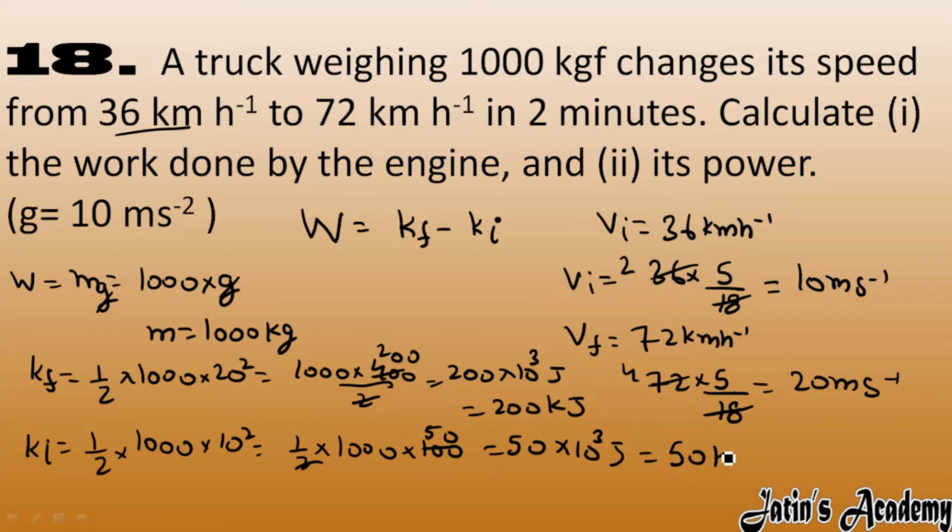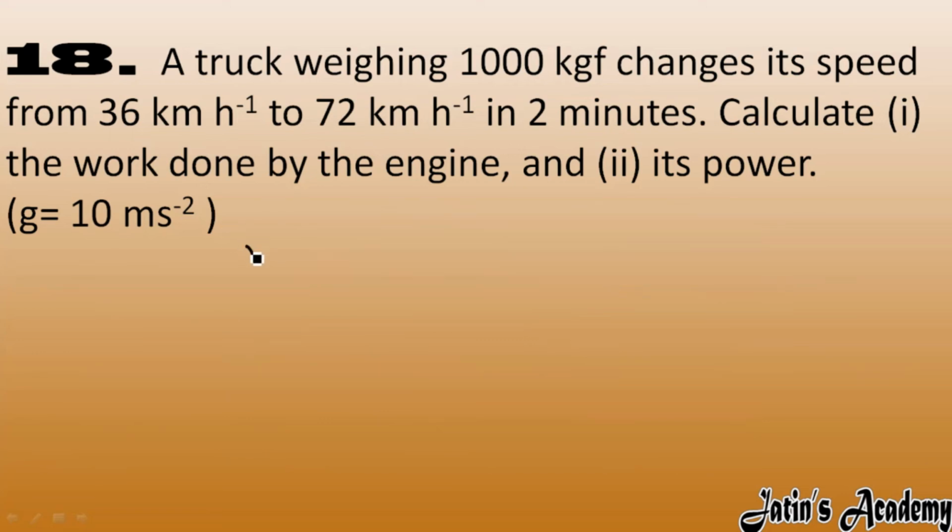Now we have to calculate the work done, which is final kinetic energy, we got it as 200 kilojoule, minus initial kinetic energy, we have 50 kilojoule. So work done we got as 150 kilojoule, which is equal to 150 into 10 raised to power 3 joule. Now we have to calculate power.